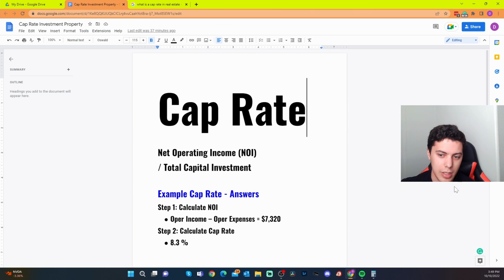So basically what that means is, you have the market value of the property. So it could be 200,000, 500, 800, 300, whatever the market price is, plus the closing costs, and that could add up.